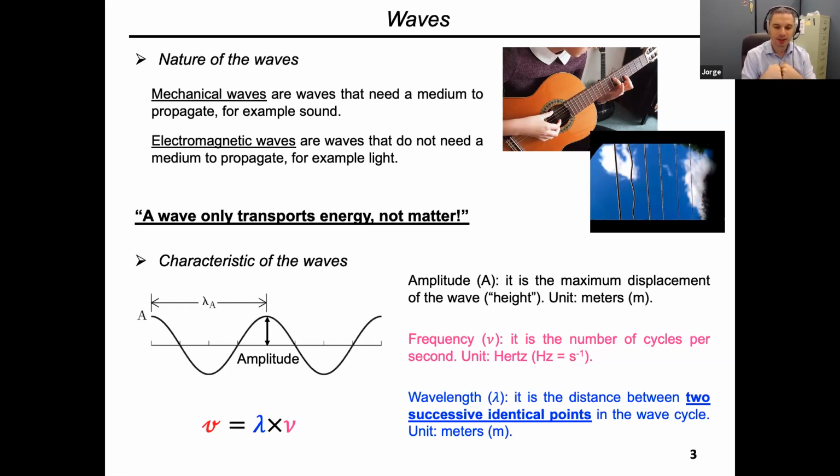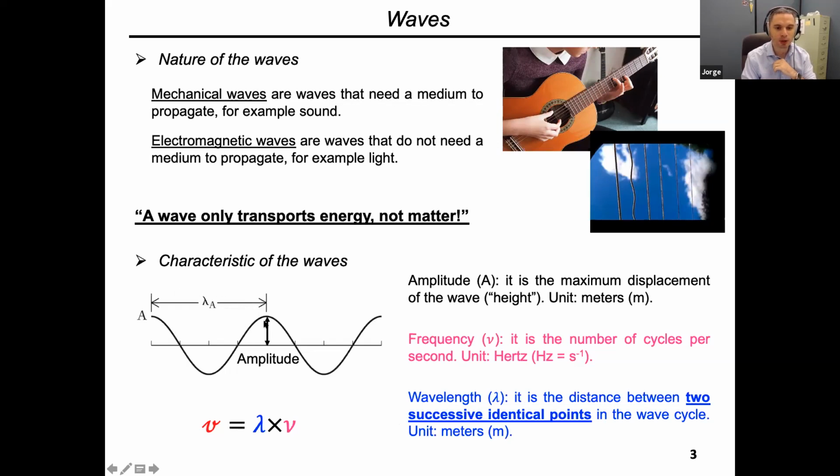The third characteristic of a wave is called wavelength. Symbol is lambda, and it is the distance between two successive identical points in the wave cycle, and the unit is meters in the international system.